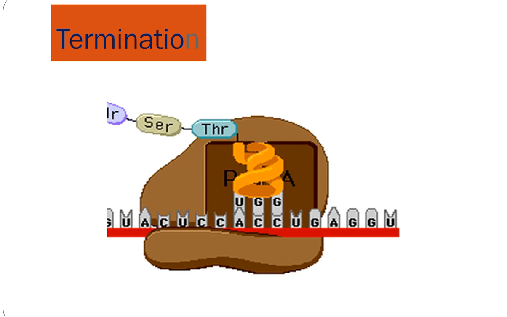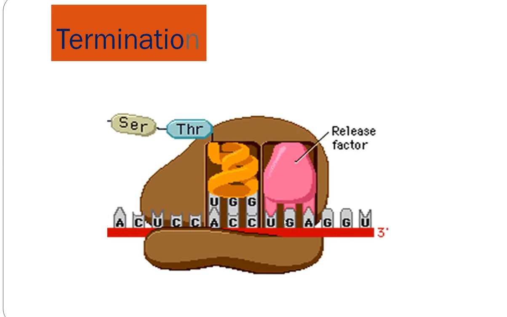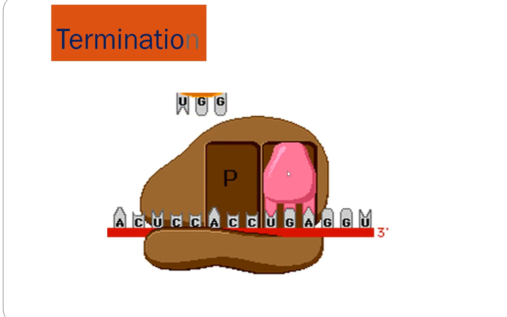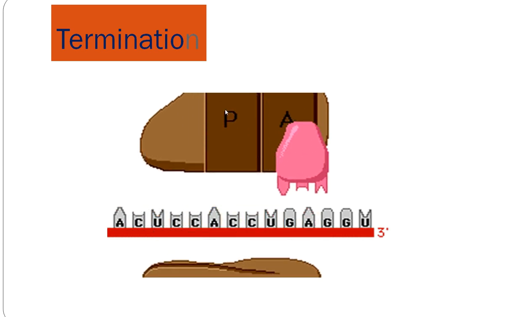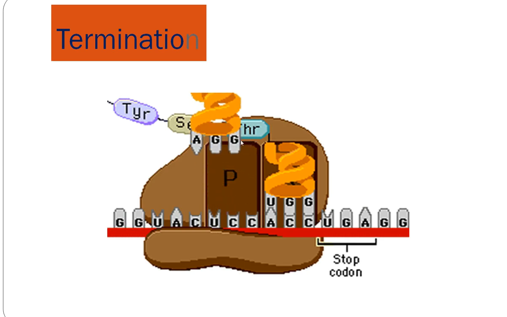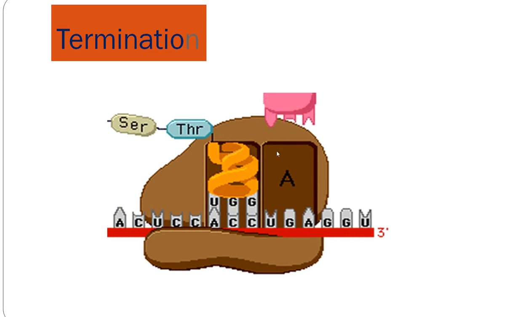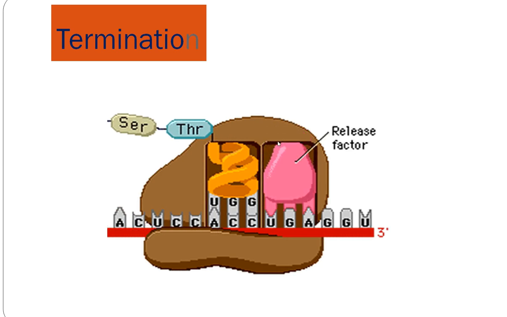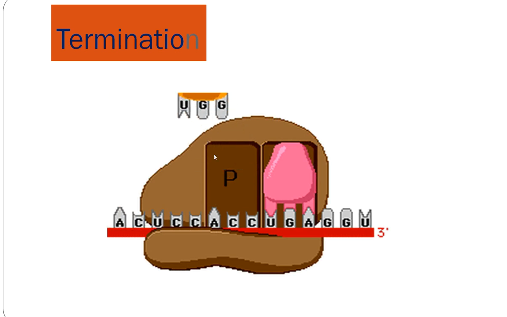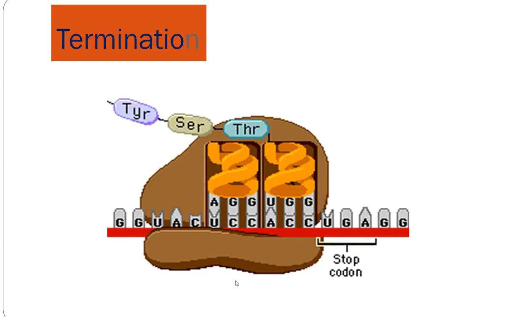So, in this figure, we can see as the stop codon is encountered, the releasing factor recognizes the stop codon and hydrolyzes, with the peptidyl transferase, the bond between the polypeptide and the tRNA in the P site. It is hydrolyzed and this releases the protein, and after that dissociation of ribosomes occurs.